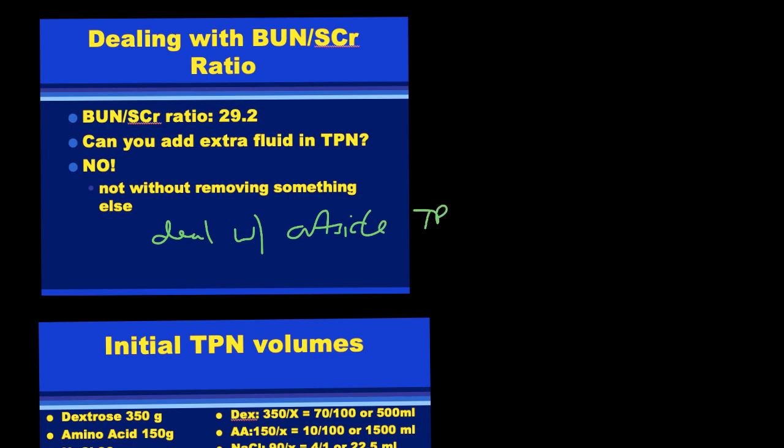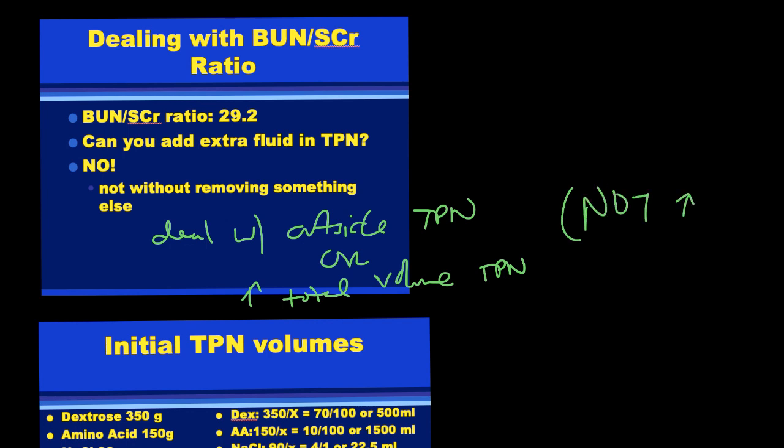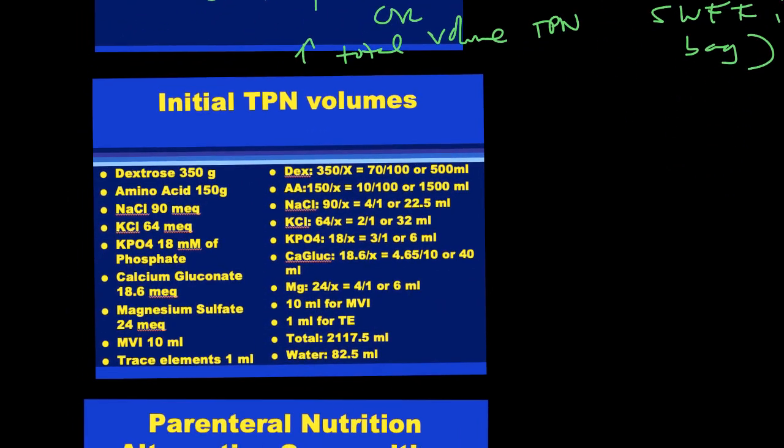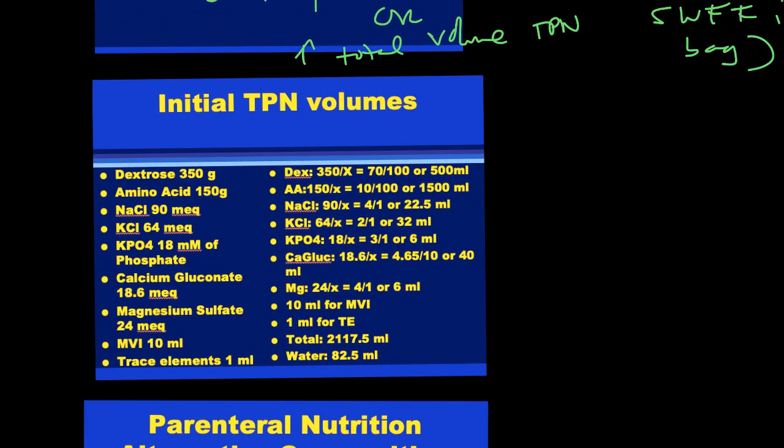You can increase the total volume of the TPN, but you're not going to increase the sterile water for injection in the bag, because you'll have to play with the electrolyte concentrations a lot more. And no one wants to play around with all the electrolyte concentrations because that's not your job. Or it is, but that's too much of your job right now.